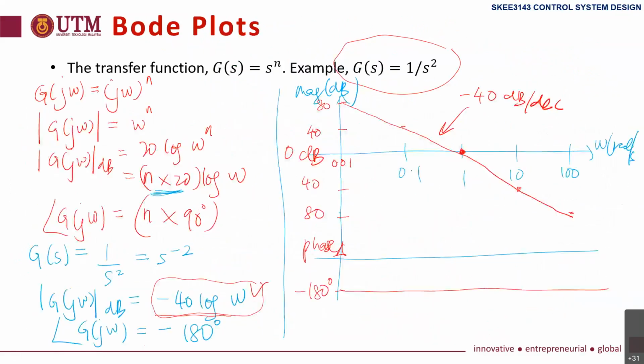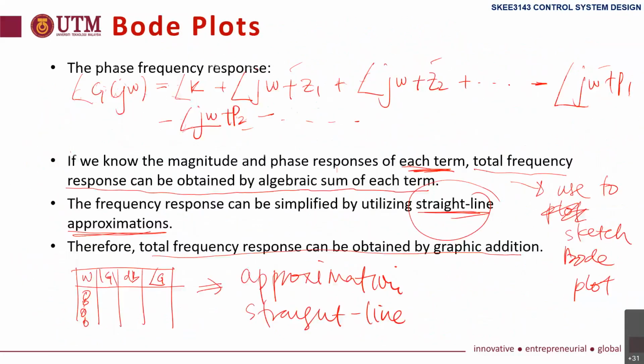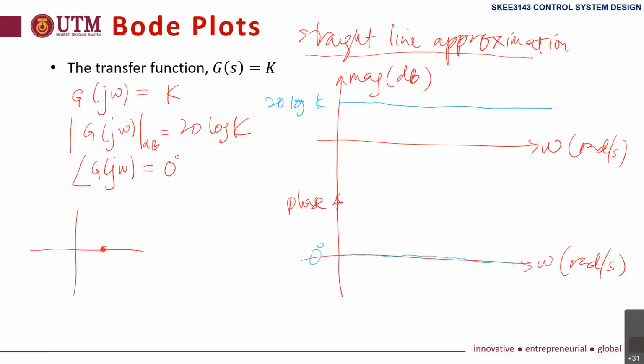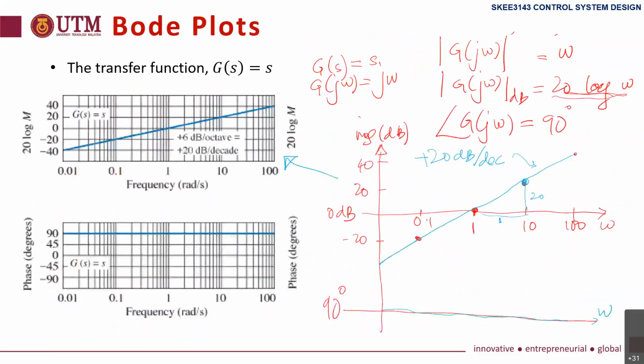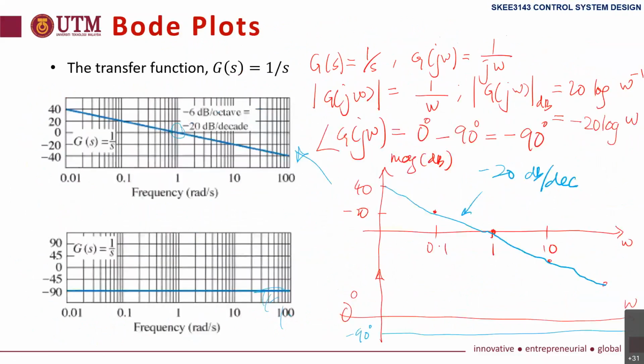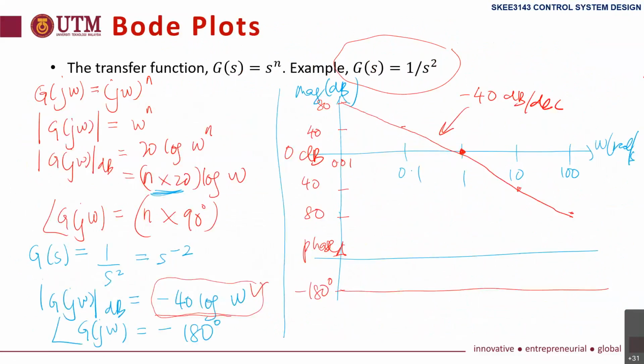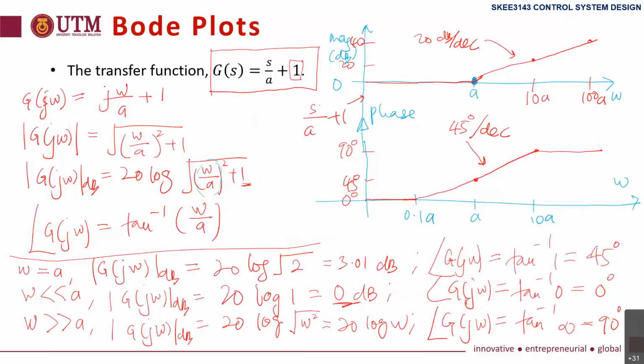Remember that we have Bode plot for G(s) equal to K, G(s) equal to s, 1 over s to the power of n, s over a plus 1. See the special form, s over a plus 1.